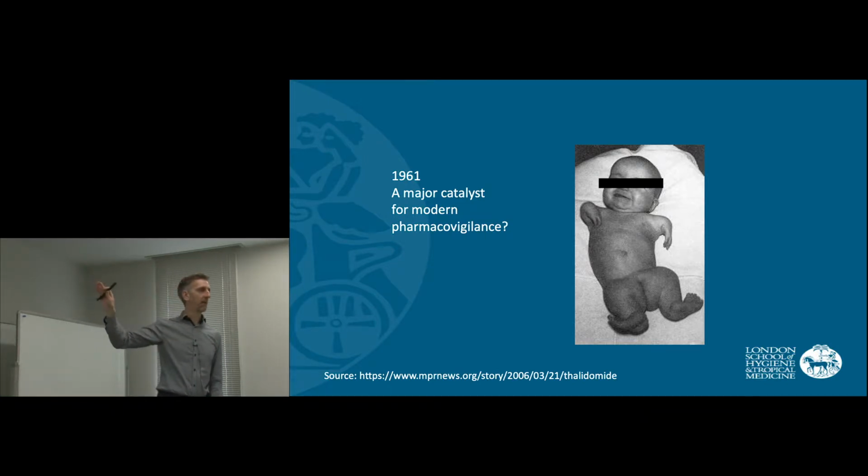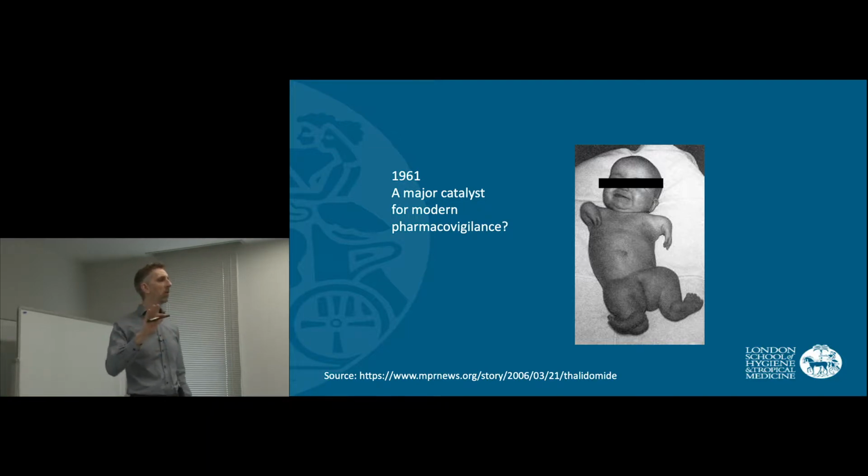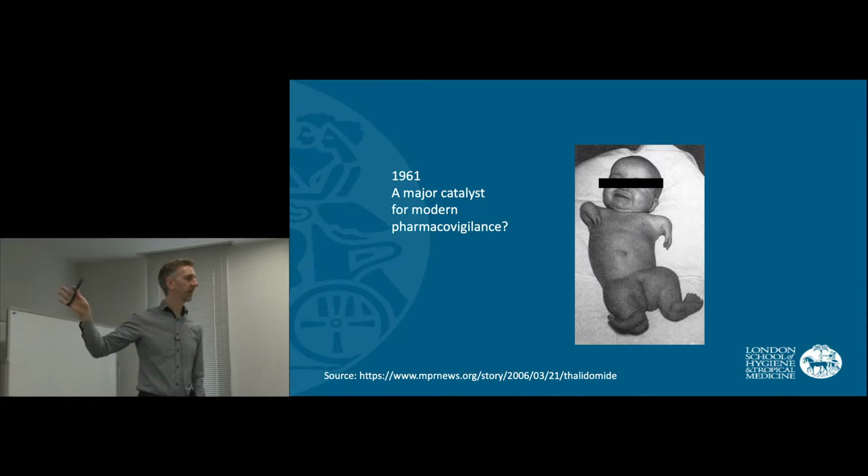This was something that happened in the early 1960s, and it was probably the biggest trigger for modern day pharmacovigilance. Does everybody know what this picture represents, this photograph? Any ideas what this is?